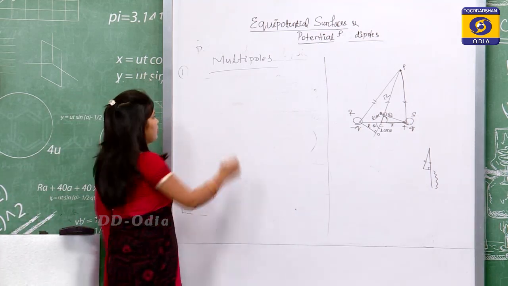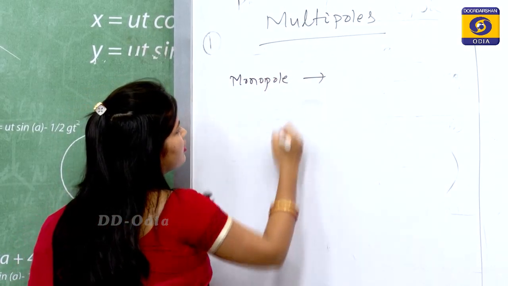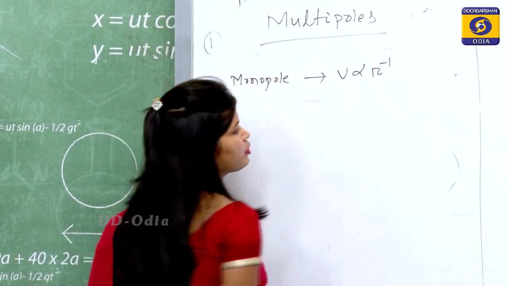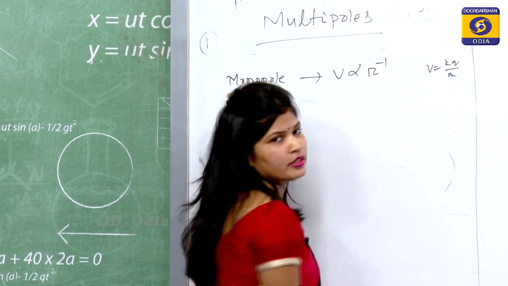For a monopole or point charge, the potential is proportional to r to the power minus 1, as V is equal to kq upon r.